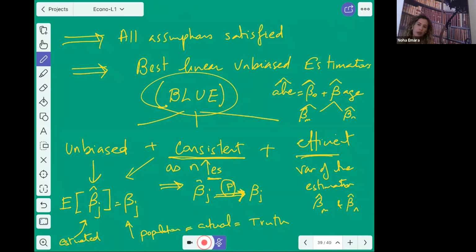Which one is better? Based on efficiency, the best estimator is the one that has the lowest variance. So you want to pick the estimator with the lowest variance.